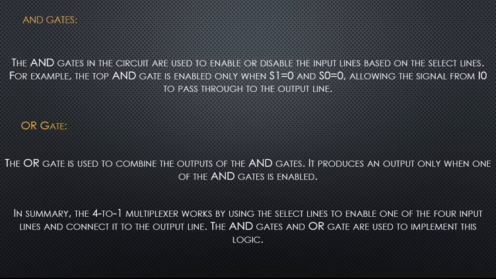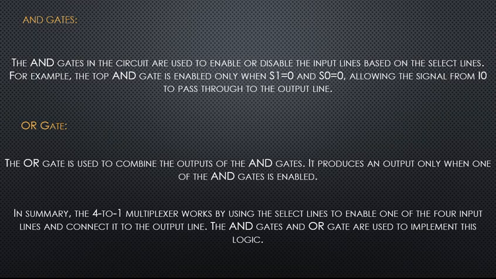Also, the OR gate is used to combine the outputs of the AND gates. It produces an output only when one of the AND gates is enabled.